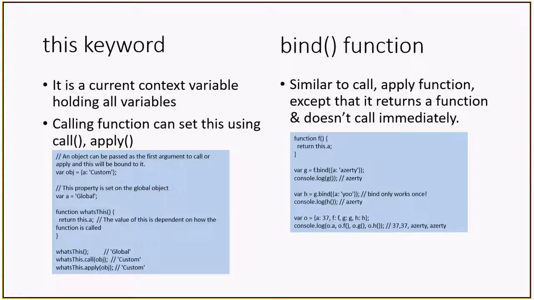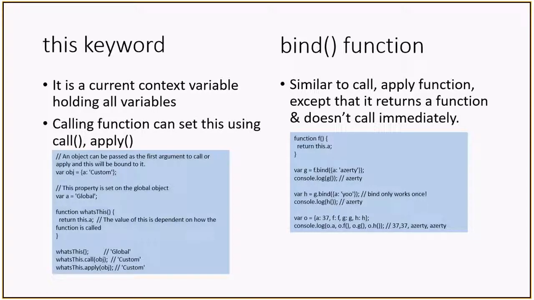When you use call and apply, it calls the method immediately. But bind returns a function. See f dot bind, and I'm passing the object exactly like this, but it is not called immediately. It's simply binding and returning a function g, and then you can call it later on.